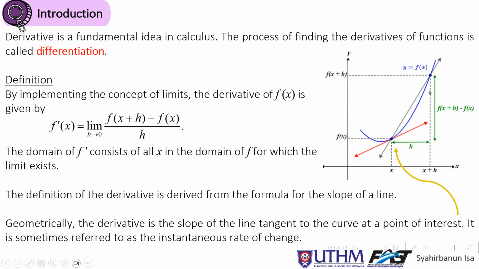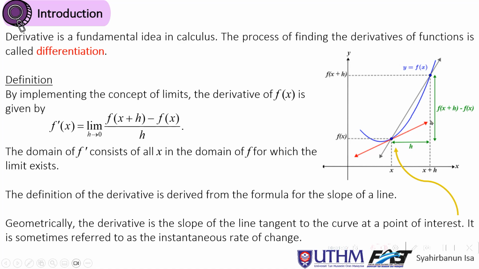Geometrically, given by this graph, the derivative is the slope of the tangent line to the curve at a point of interest. This is the curve y equals f(x). Let's say the point of interest here is x. So the tangent line is given by the red line. It is sometimes referred to as the instantaneous rate of change.